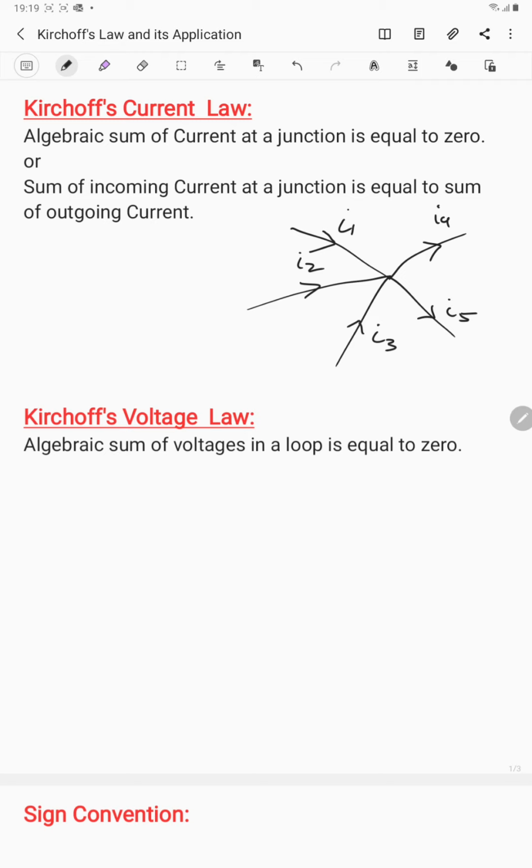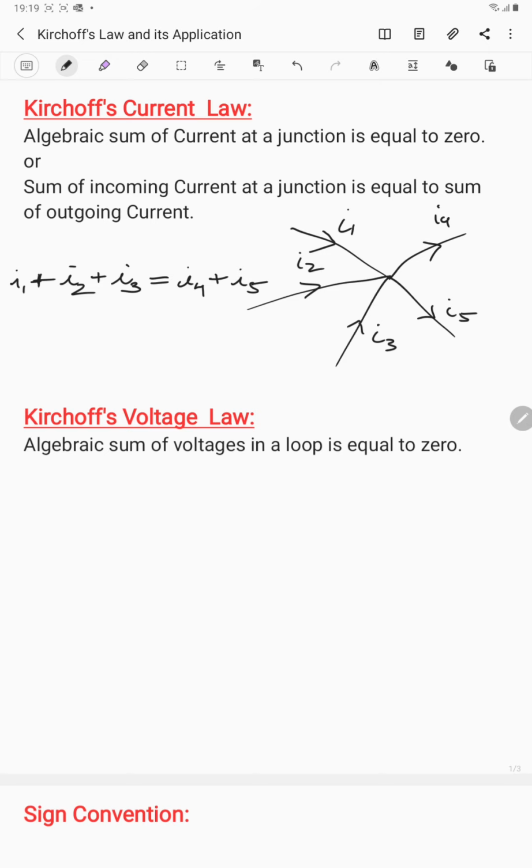So according to KCL, Kirchhoff's current law, the sum of the incoming current, which is I1 plus I2 plus I3, should be equal to the sum of the outgoing current, which is I4 plus I5. So that's the law KCL.